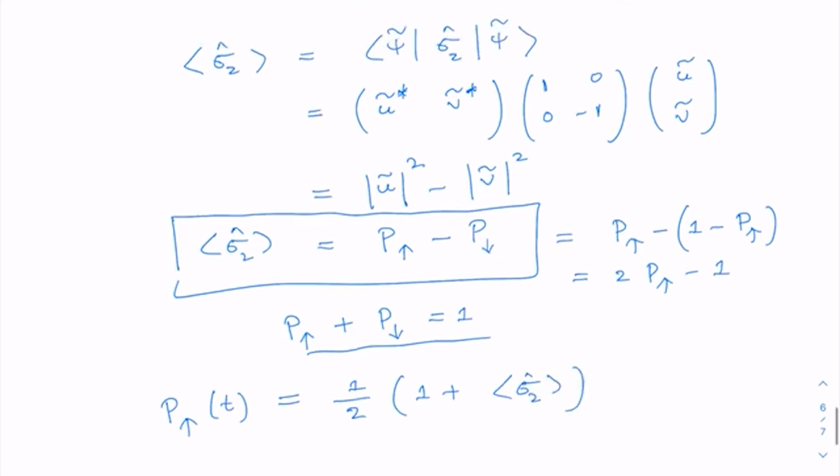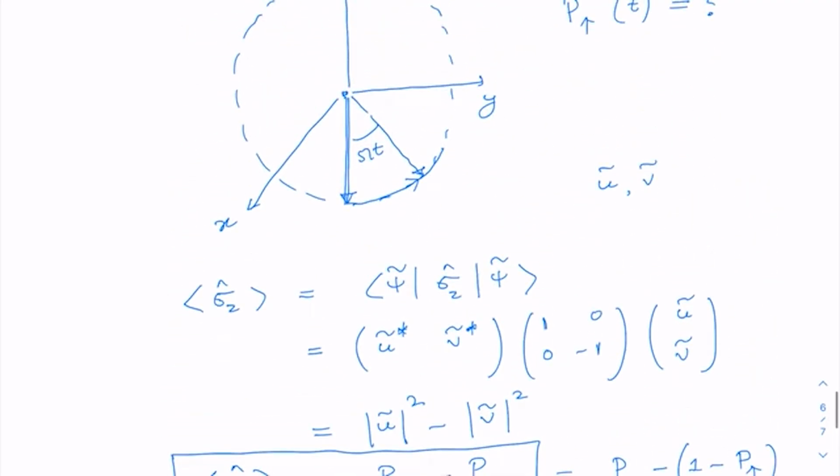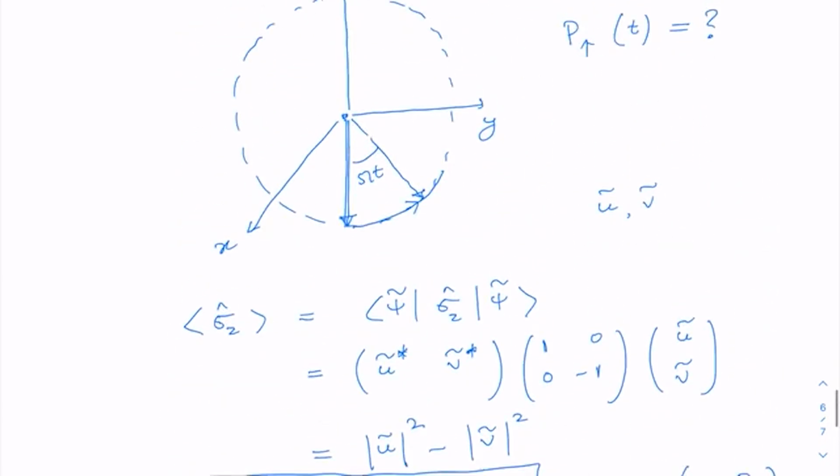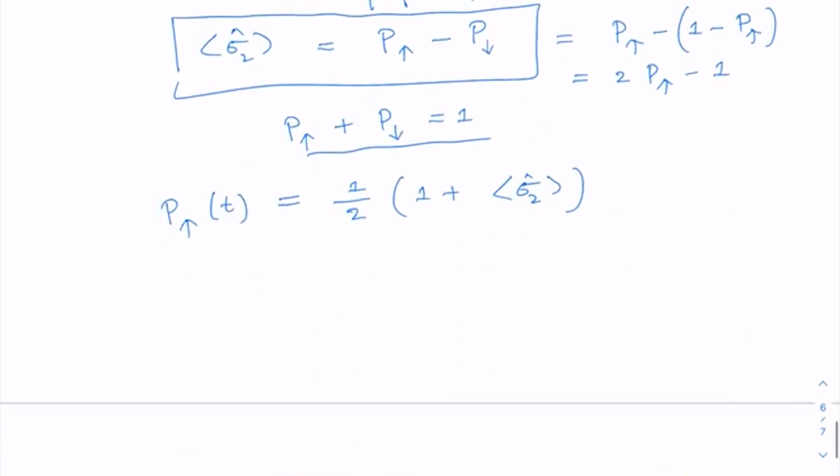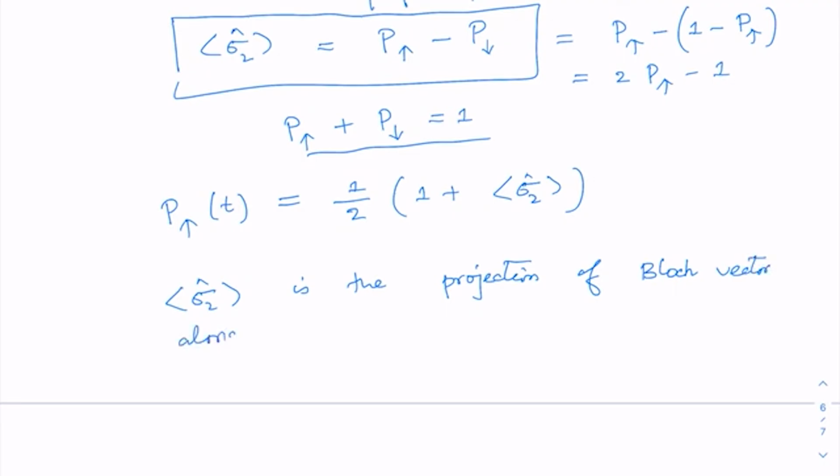Now if you look at this diagram, what is sigma z? Sigma z is basically this guy. Sigma z is the projection of the Bloch vector along the z direction.